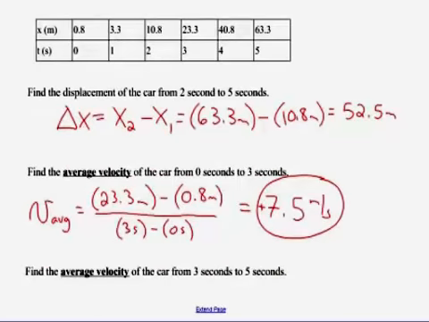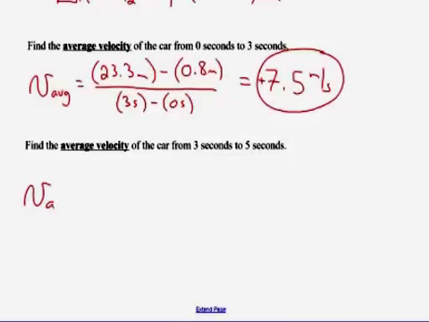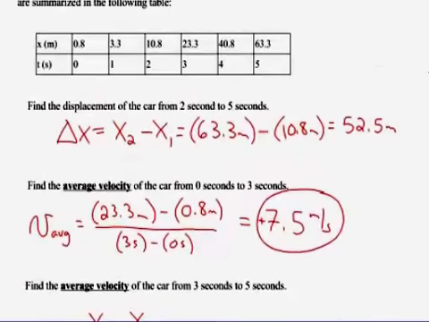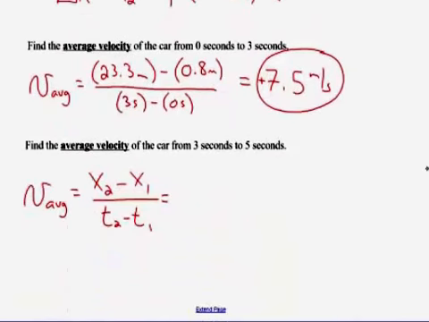Finally, we're going to look at the average velocity from 3 seconds to 5 seconds. So again, average velocity, it's x2 minus x1 divided by t2 minus t1. So we need the position at 5 seconds and the position at 3 seconds. So at 5 seconds, it's 63.3 meters.